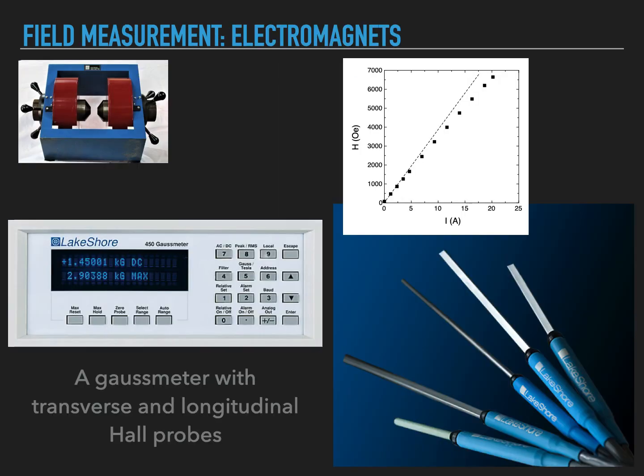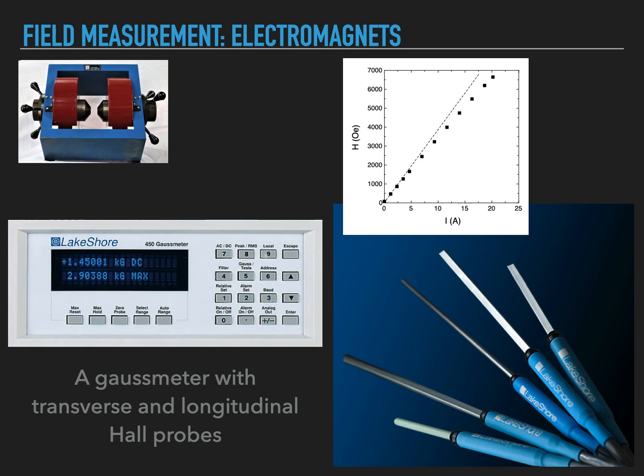Let's have a closer look at each of the three systems for generating magnetic fields, and let's begin with electromagnets. As you can see in the graph, if you measure the current that flows in the windings of the electromagnet, you can see that the magnetic field is not proportional to the current. There is a nonlinearity. This nonlinearity comes from the fact that the magnetic material that makes the electromagnet is nonlinear.